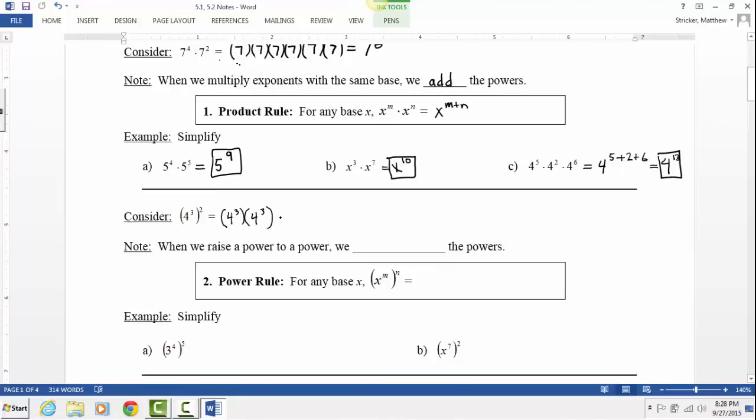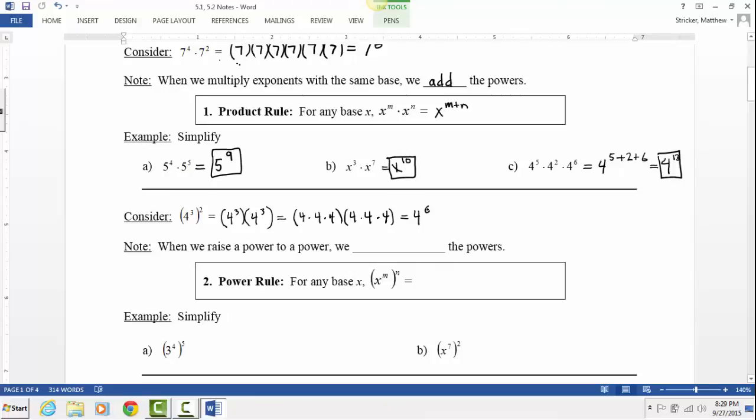And of course each one of those 4 to the 3rds is 3 4s, so that's 4 times 4 times 4. That's the first 4 to the 3rd. And then the next one is also 4 times 4 times 4, which now brings up how many 4s? 1, 2, 3, 4, 5, 6. So this is 4 to the 6th power.